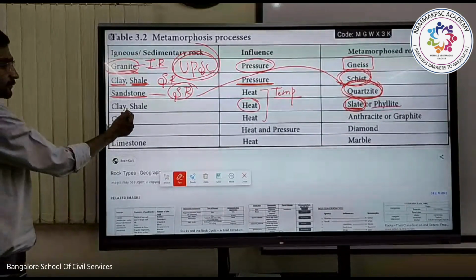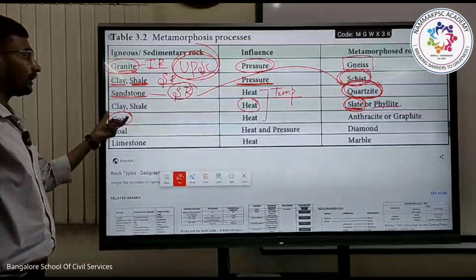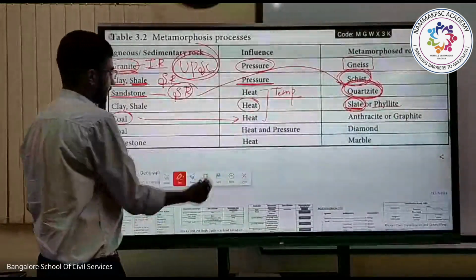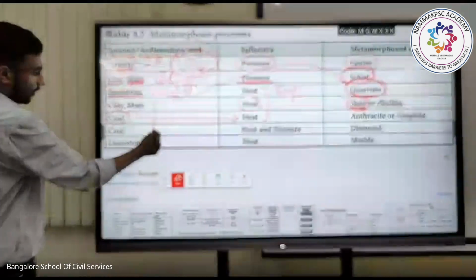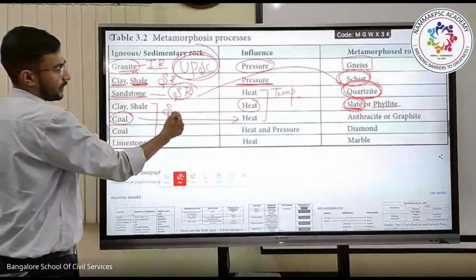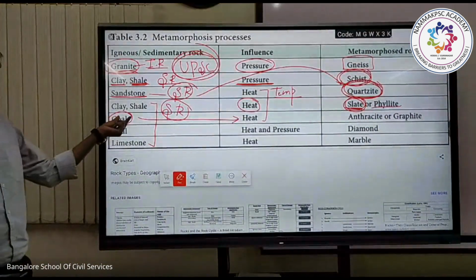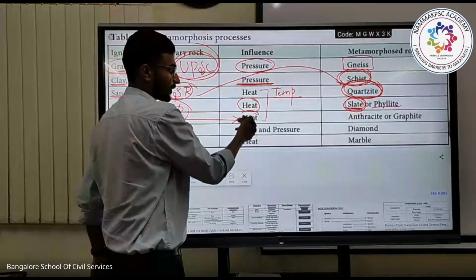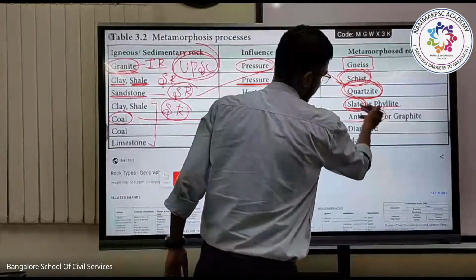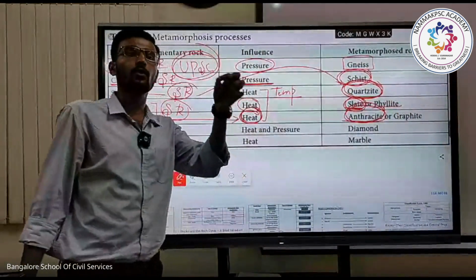Next one, coal. Notice shale and coal also. Coal, limestone, all come under sedimentary rock. If more heat is applied, that is the creation of the pure quality coal.